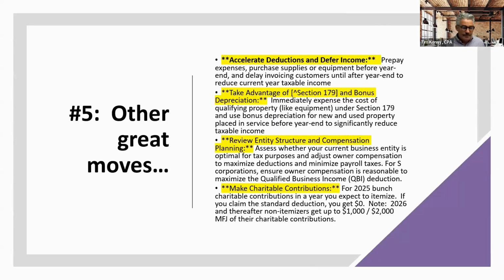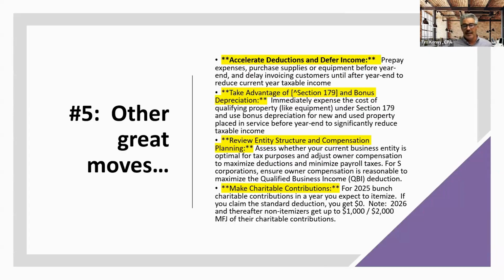Or maybe you're heading toward a great year in 2026, where you would elect to be taxed as an S corporation. That's pretty common. That's something that you want to consider, because again, the entity structure is going to drive how that business is taxed.